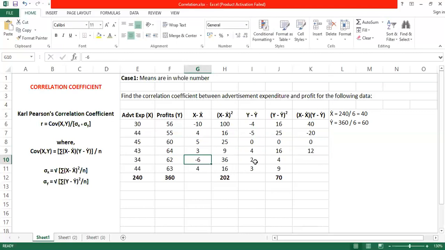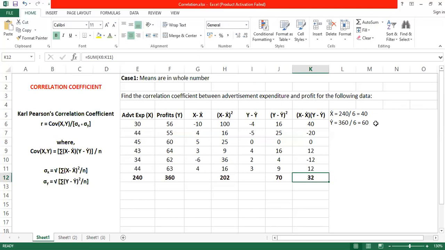This is minus 6 and this is 2, so it is minus 12. This is 4 and this is 3, so it is 12 again, right? And get the sum of this as well. So it is 32, right?